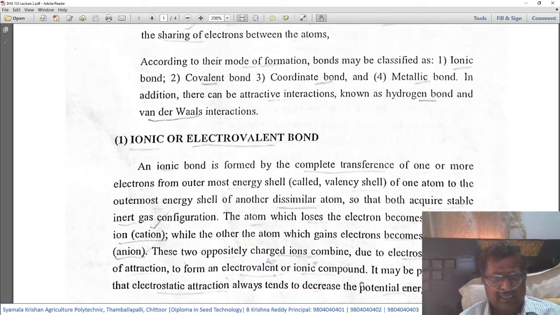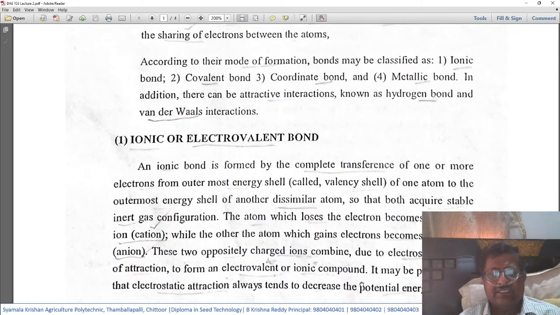So by losing electrons, this particular atom becomes a cation, that is, a positively charged ion, while the other atom which gains the electrons becomes negative, that is, an anion. When the electrons are received by another atom, the receiving atom becomes negatively charged, so it becomes an anion.